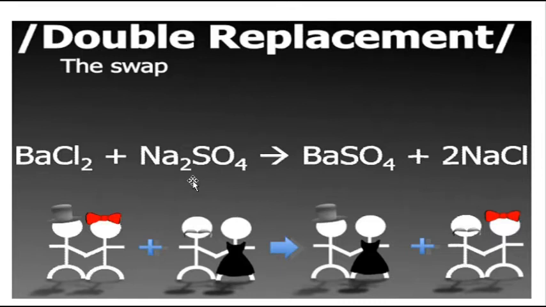Now it turned into barium sulfate plus salt, or sodium chloride. We just switched partners. See? Ba got this and Cl got this.